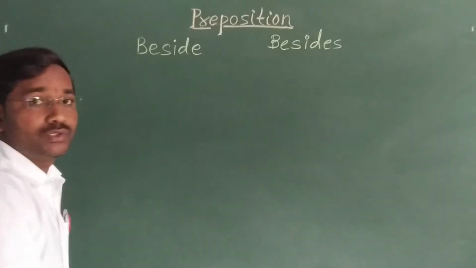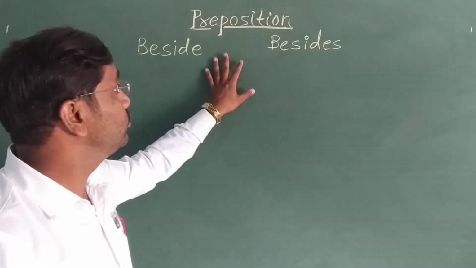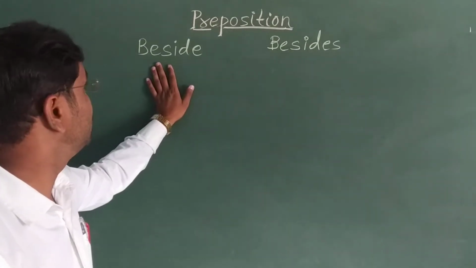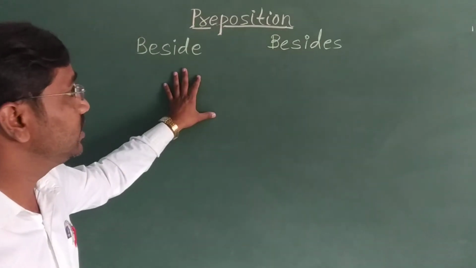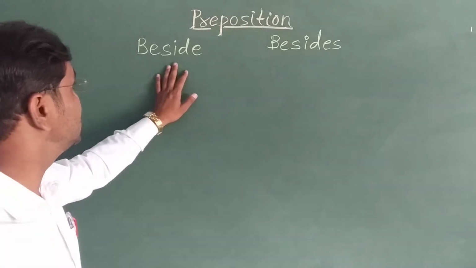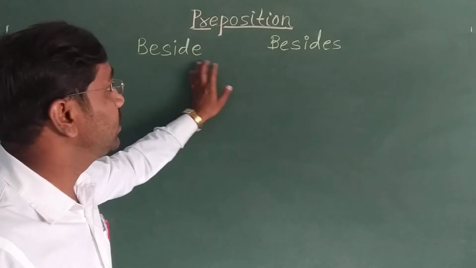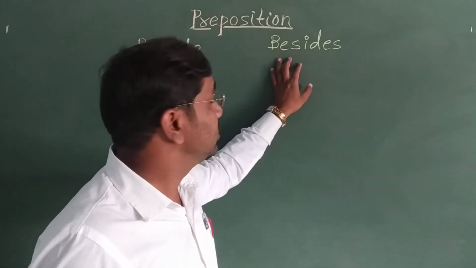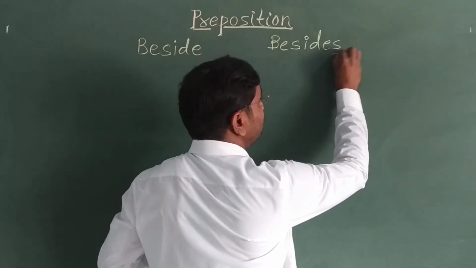So if you look at these two words, these are two prepositions. First is beside and second is besides, and these are spelled almost in the same way. In the word beside we have not added an s after the word, and in the word besides we have added an s.